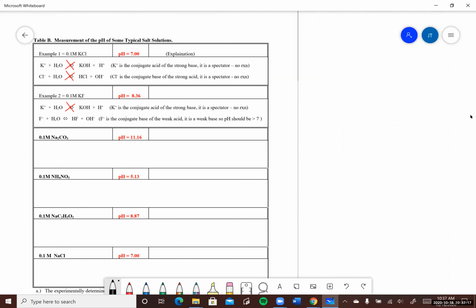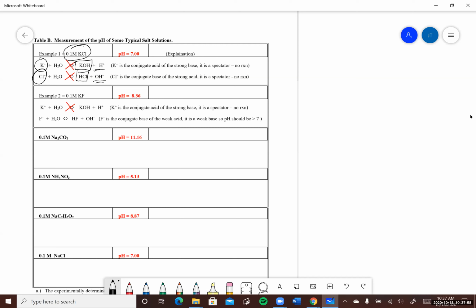Then this last part is dealing with the pH of salts. So you have a salt solution. This salt is made up of potassium chloride, and you see that maybe the cation could act like an acid, maybe the anion could act like a base and increase the concentration of H plus or OH minus, but you see in both cases they're the conjugates of a strong.